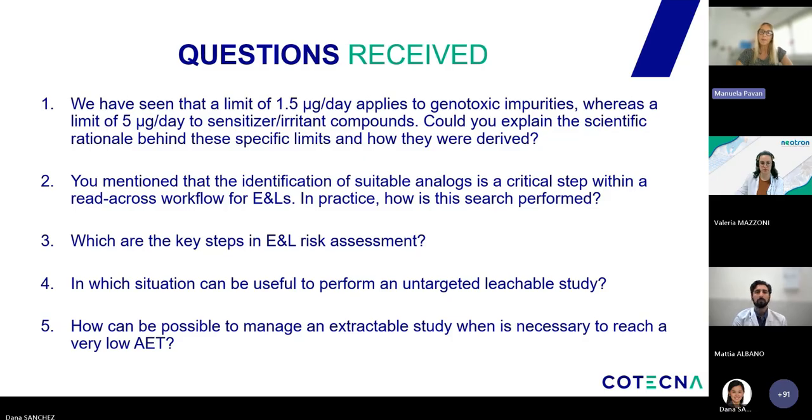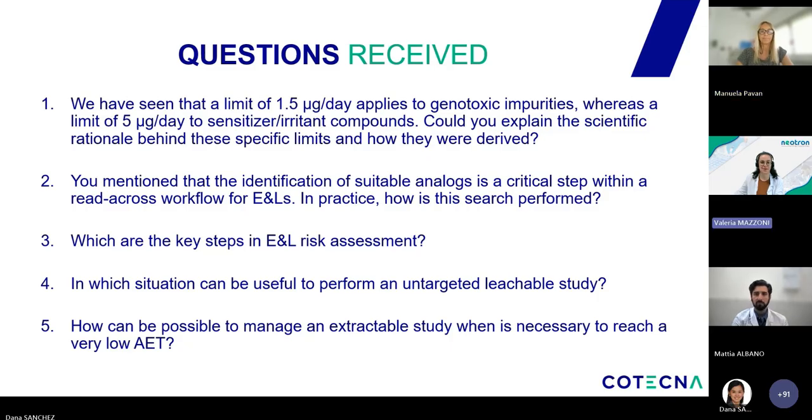On the other hand, the limit of 5 microgram per day is derived based on a statistical analysis of toxicity data, representing the level that is generally considered safe and protective for the majority of patients. So these two different limits are derived from two different approaches. One, as I said, is a calculated lifetime cancer risk, while the other one is derived empirically from skin sensitization and irritation data.